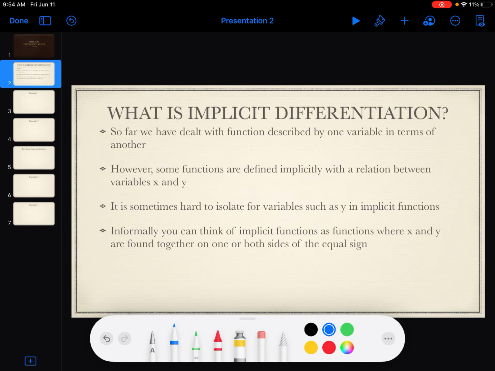So what is implicit differentiation? Well, so far in our calculus journey, we've seen functions written explicitly, y is written explicitly in terms of x. Like here, y equals ln x. Y is written explicitly in terms of x. I can clearly see what y is equal to.